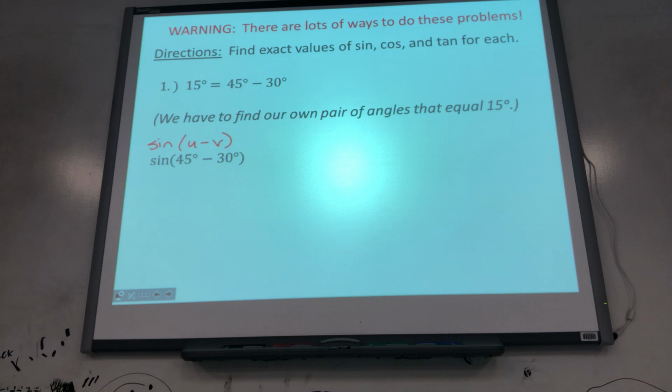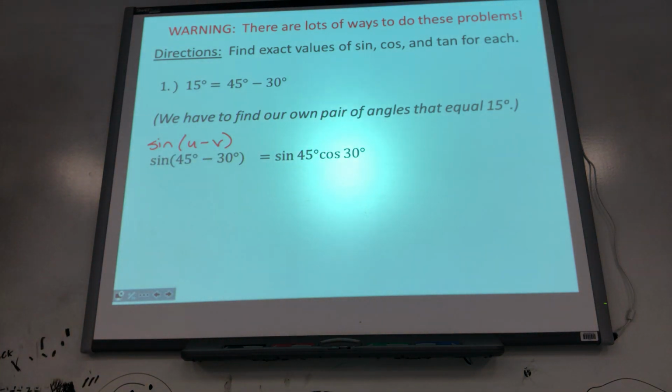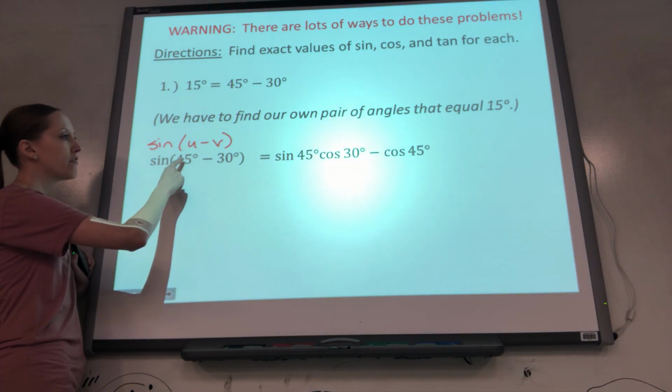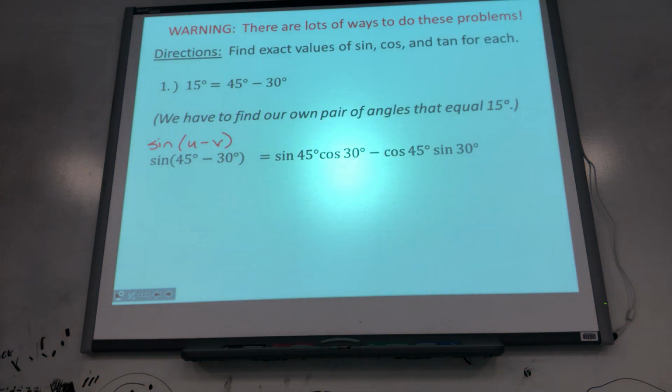This is why I printed them out so you didn't have to flip back and forth a whole bunch today. That formula says sine of u, which would be sine of 45 for us, cosine of v, which is 30 degrees, minus cosine of 45, sine of 30.